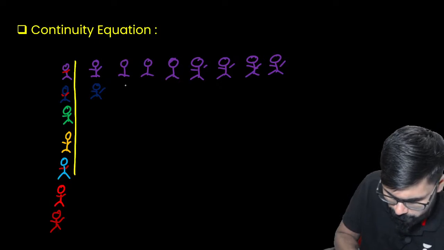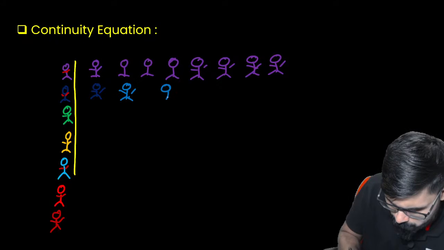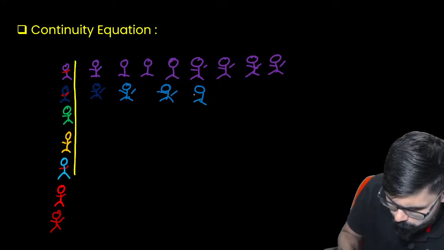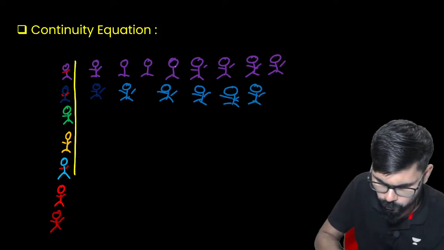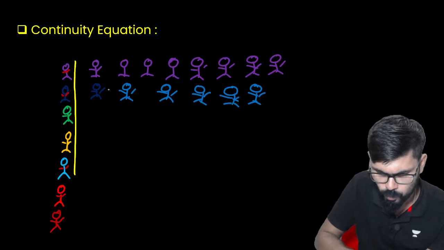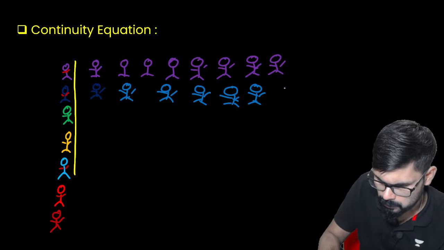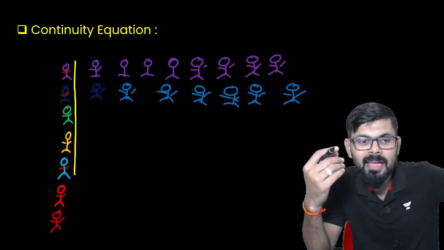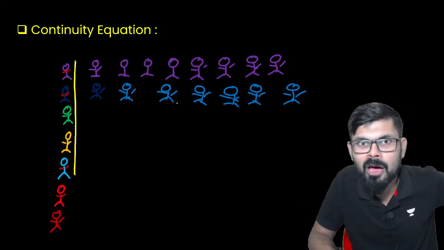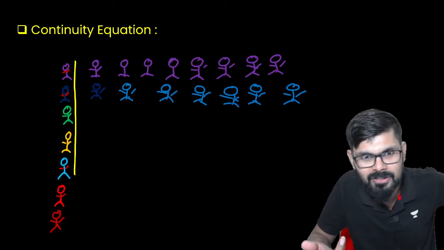Now after some time what will happen? This molecule is going to be like 1 2 3 4 5 6 7. Sir, how is it possible that this second person will always be behind that? No, not necessary. Okay.